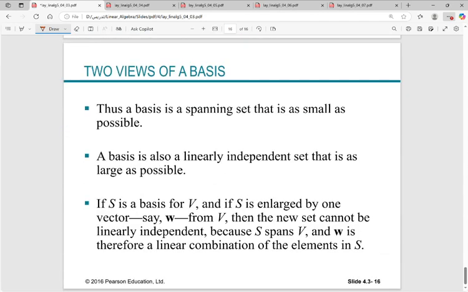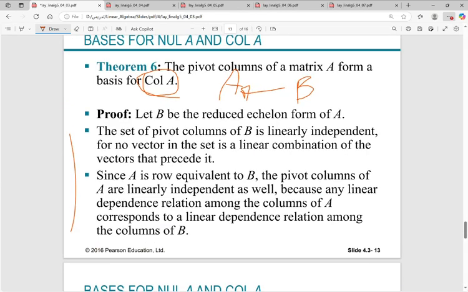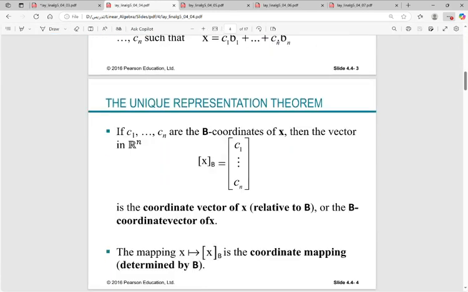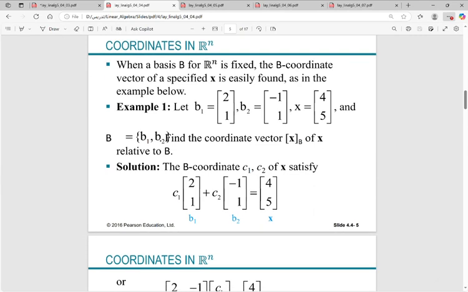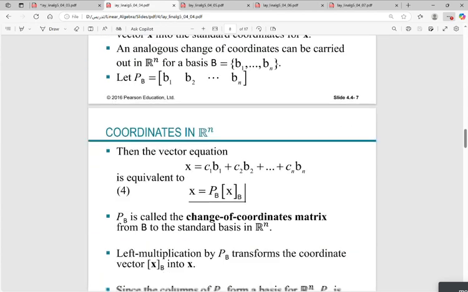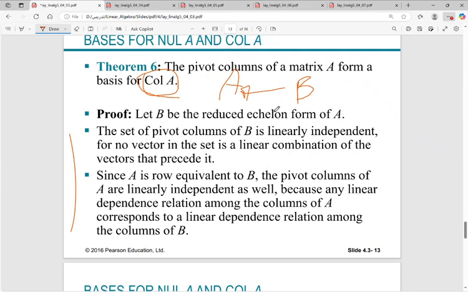So let me see if we have an example. Not here. Let me find an example, just a second.